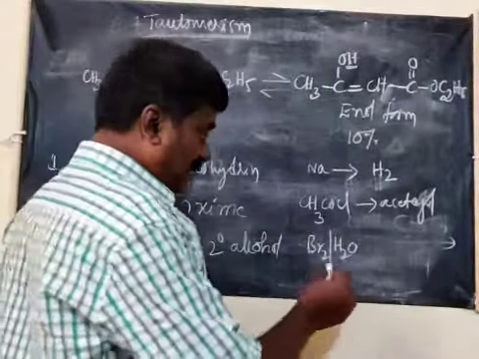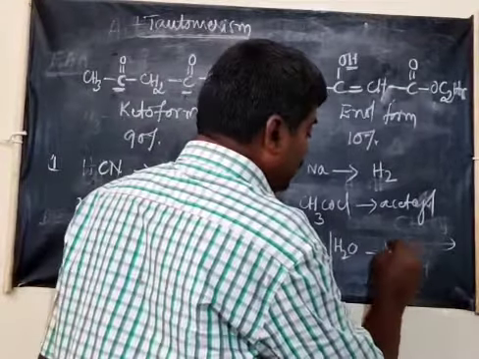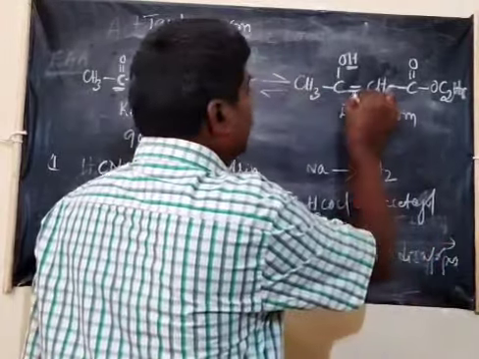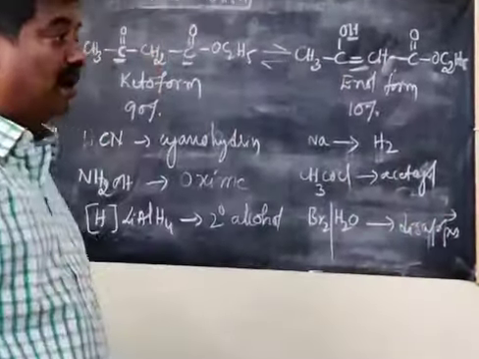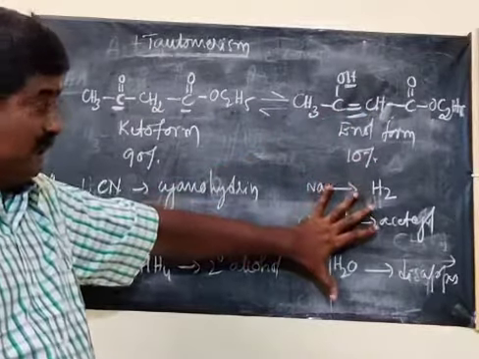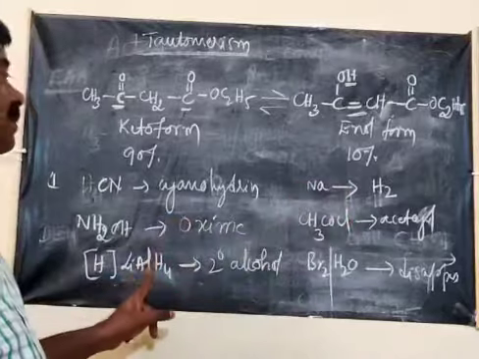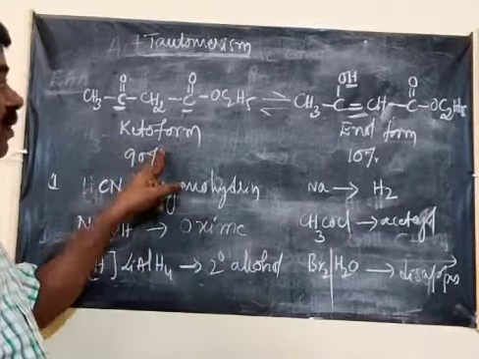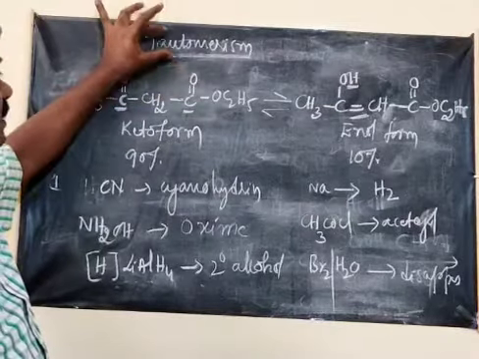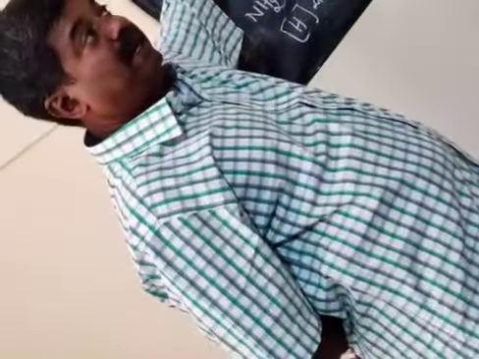Orange red. See, the color of the bromine disappears. So what does it indicate? The presence of a double bond, meaning an addition reaction takes place. So these reactions confirm the presence of both keto form and enol form. This type of isomerism is called tautomerism.